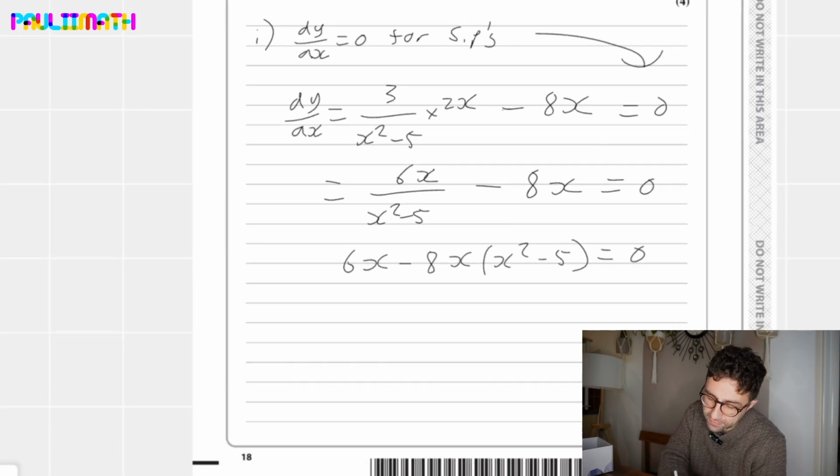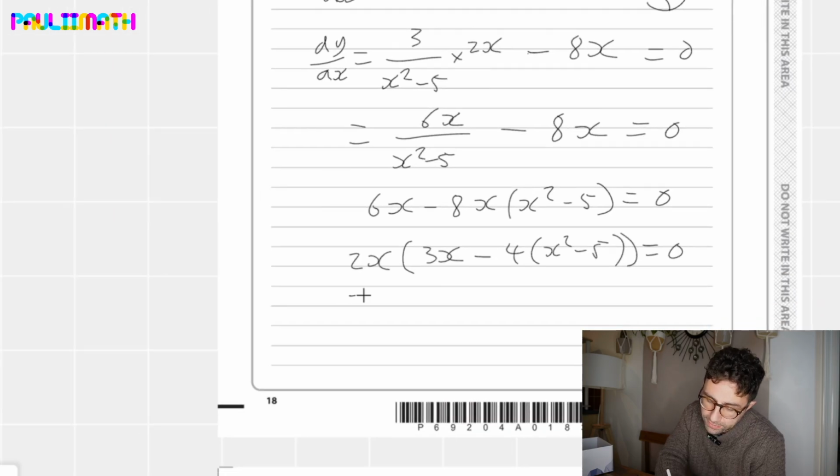The reason I've done that is because now I can pull out a common factor of 2x, I guess. 2x brackets (3 minus 4 times (x squared minus 5)). You see, just a little bit nicer in terms of factorizing. We press on.